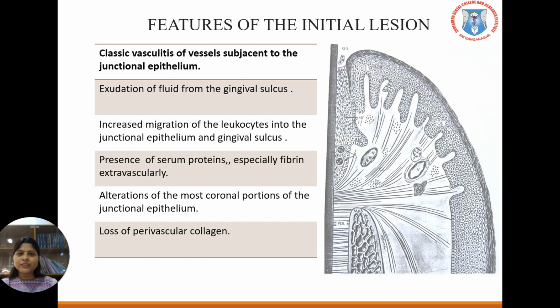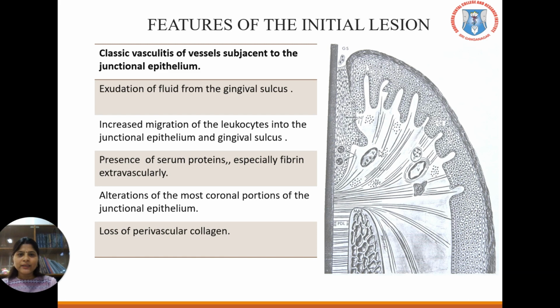So, summing up the features of the initial lesion: in the connective tissue, around the vessels, perivascular collagen loss is seen. The gingival sulcus has neutrophils, and there are changes in the blood vessels. Classic vasculitis of vessels subjacent to the junctional epithelium is there. Exudation of fluid from the gingival sulcus occurs, and we see migration of leukocytes into the junctional epithelium and the gingival sulcus.